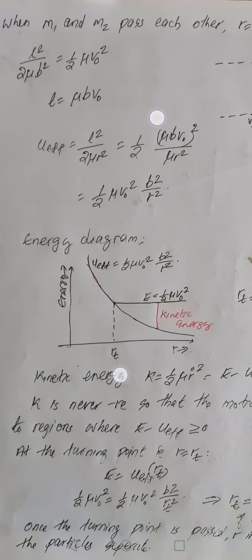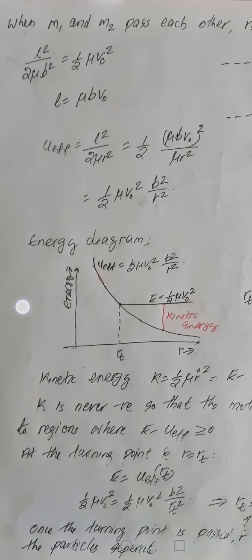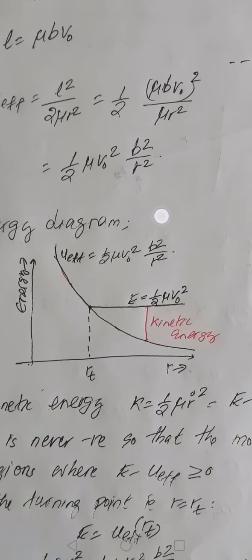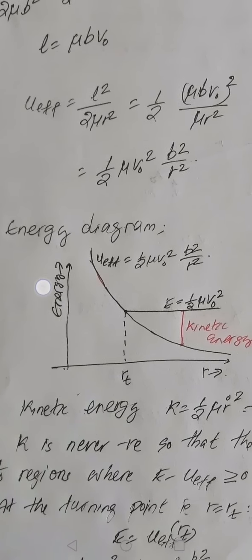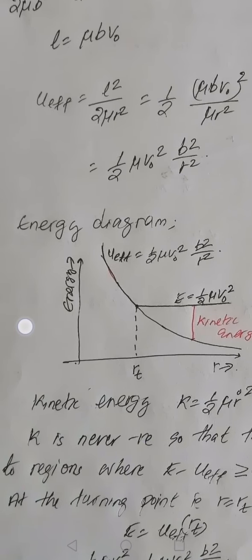Now let us analyze the energy diagram. The energy diagram is the diagram between r and energy. I have plotted U effective here. For long distances, that means when the particles are far apart, r is a large value, therefore the potential is small.